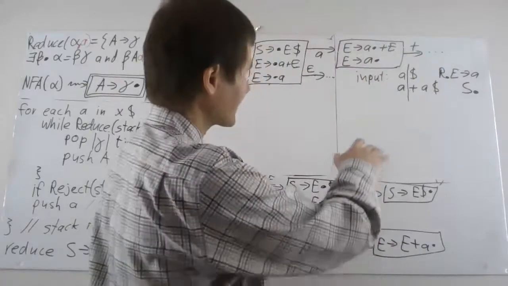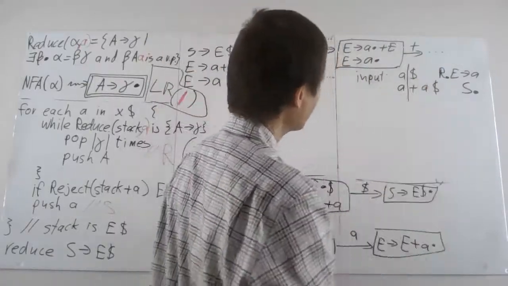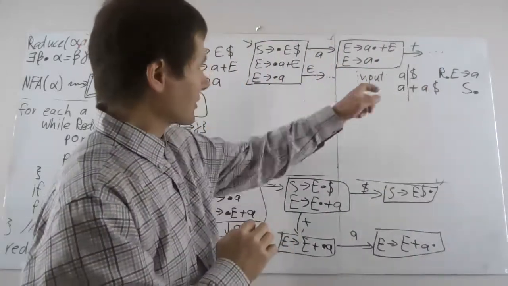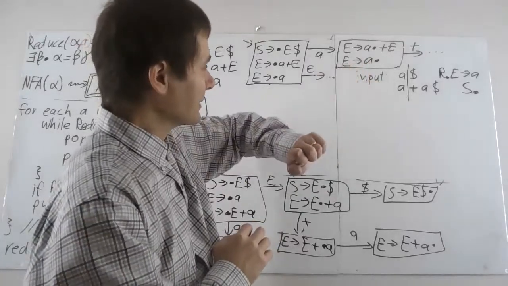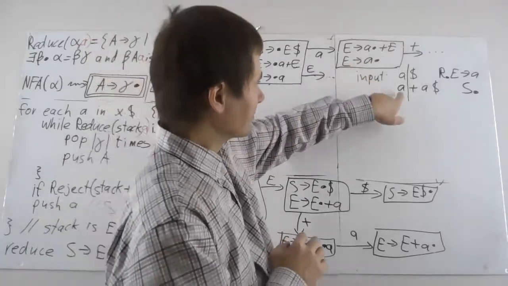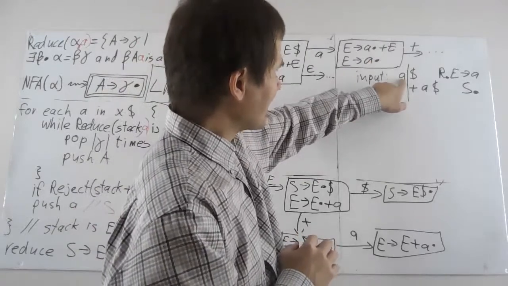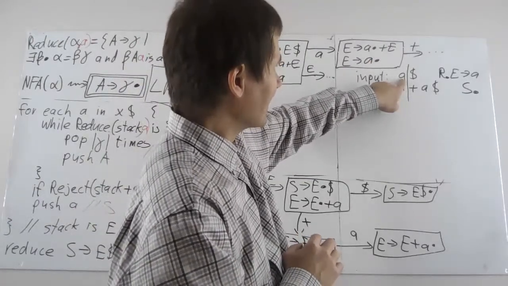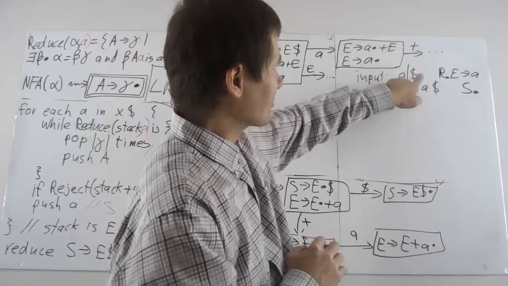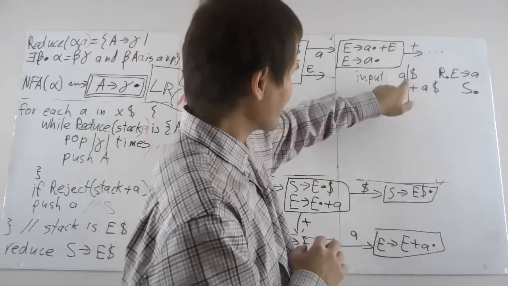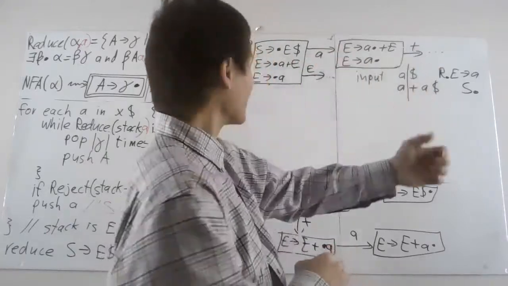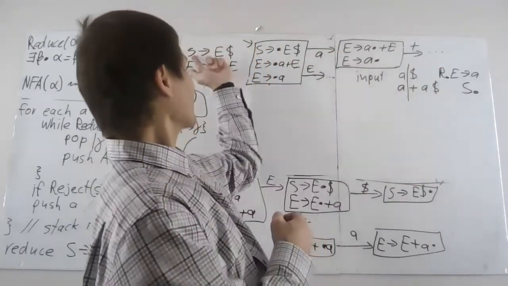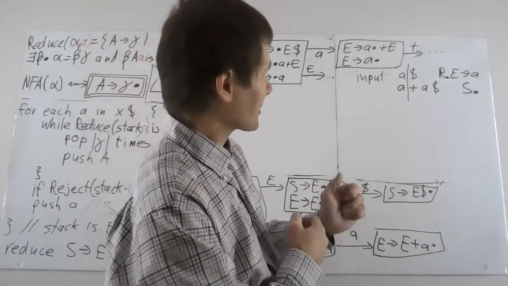Let's just look at the example here, right? The decision I'm trying to make is, should I reduce the A to an E? In this case, my stack plus input symbol is going to be E $, and that is a prefix of a sentential form. I can derive E $ from the start symbol.